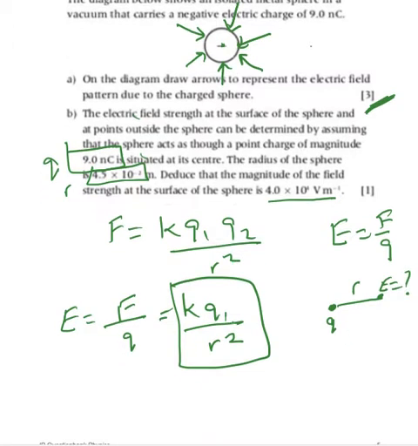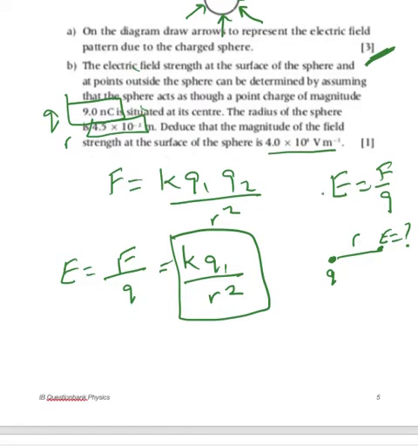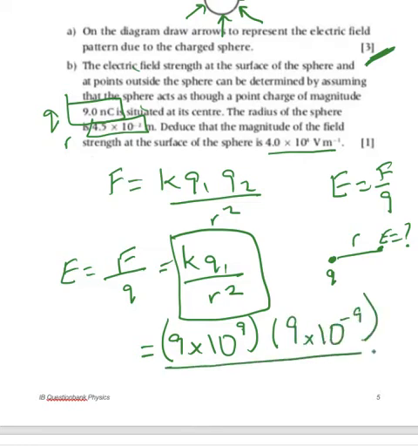So we can use this formula that we got by rearranging these two. So our k is 9 times 10 to the power of 9. Our charge is 9 nanocoulombs.